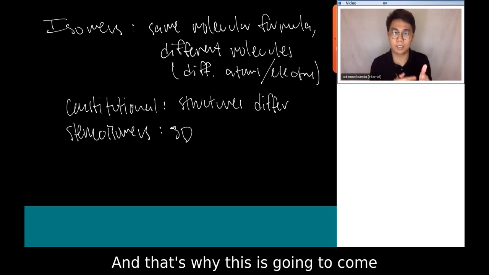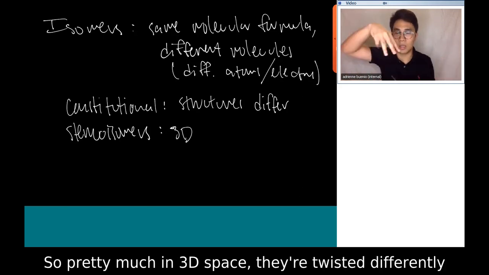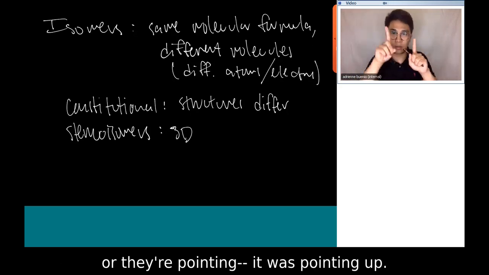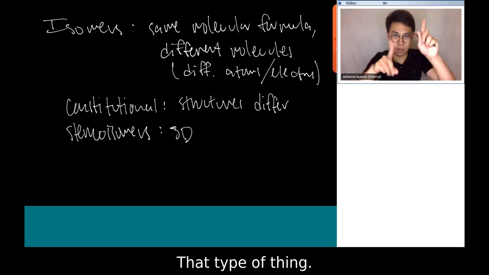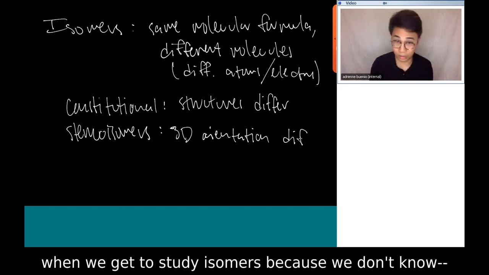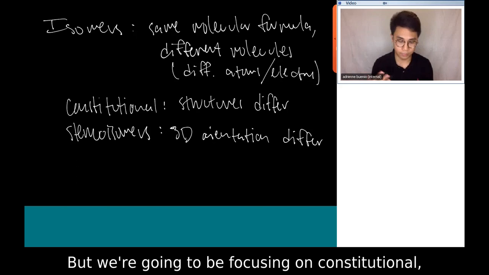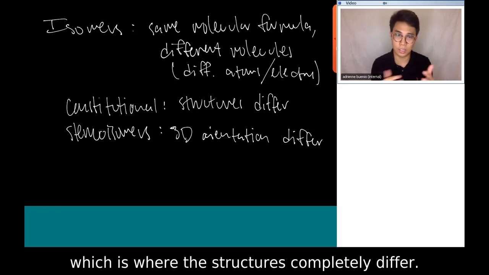That's why this will come up later, because you haven't heard of R and S configuration yet. In 3D space, they're twisted differently, or it was pointing up and now it's pointing down. So we'll get to stereoisomers a little later, since we haven't talked about R and S, cis and trans. We're focusing on constitutional, where the structures are completely different.